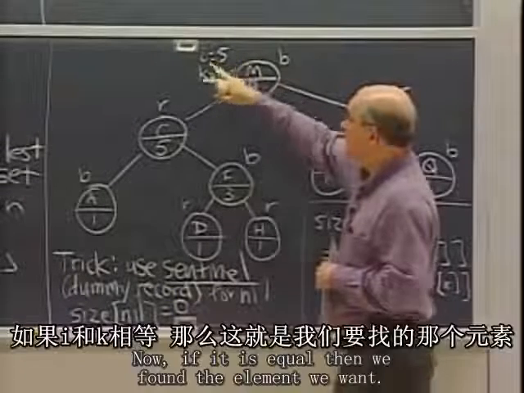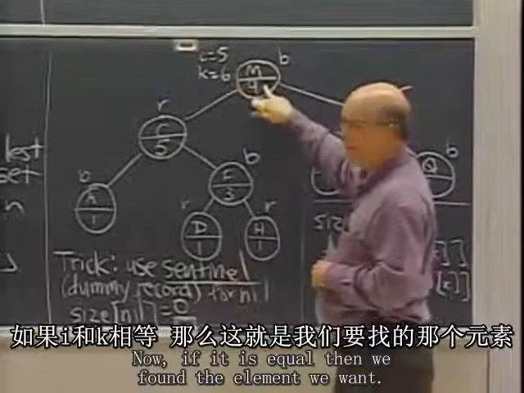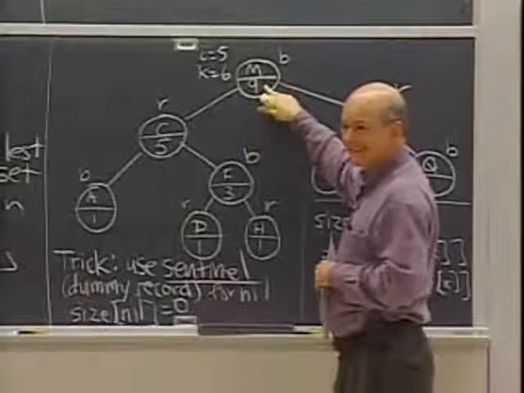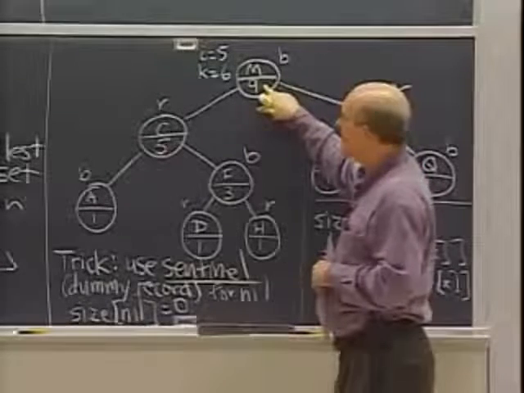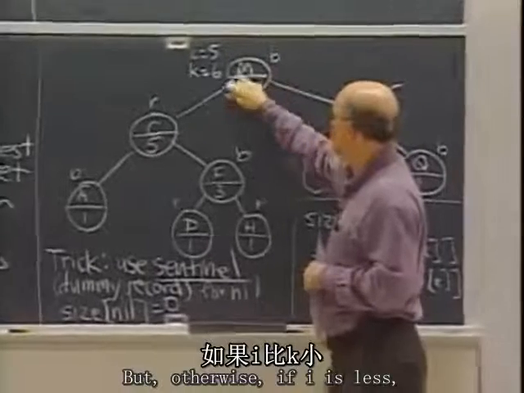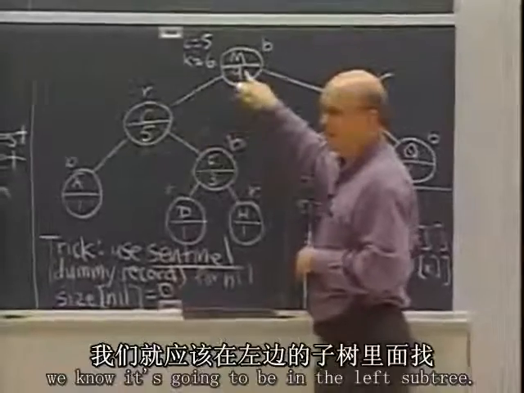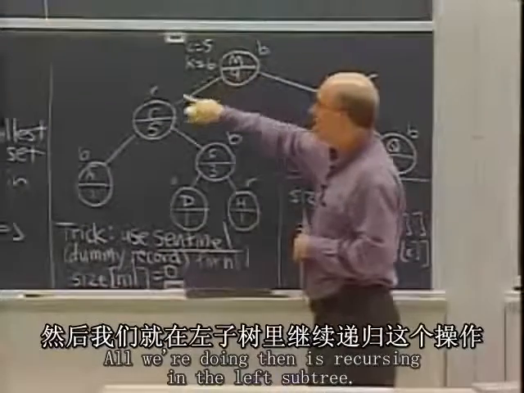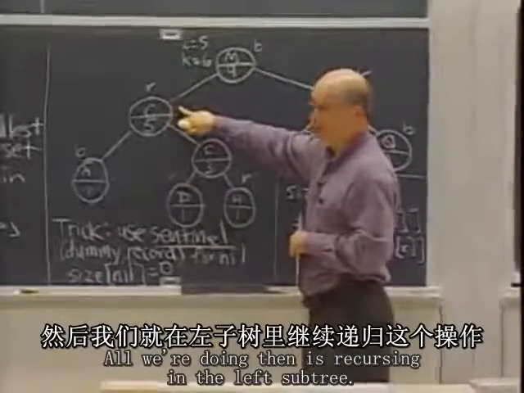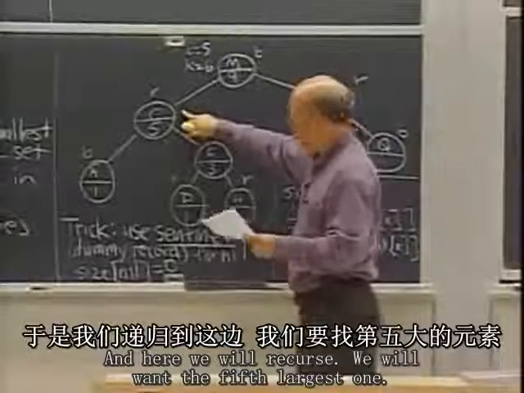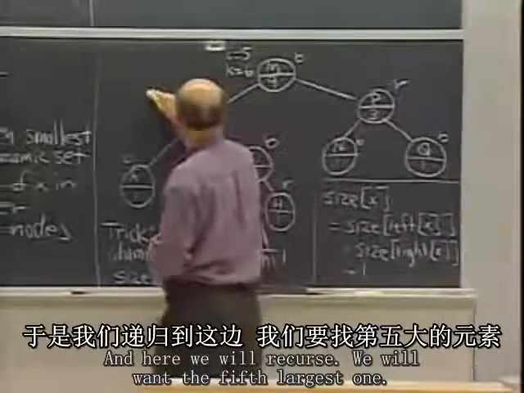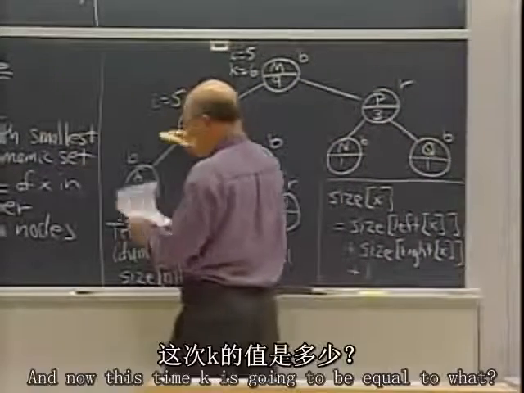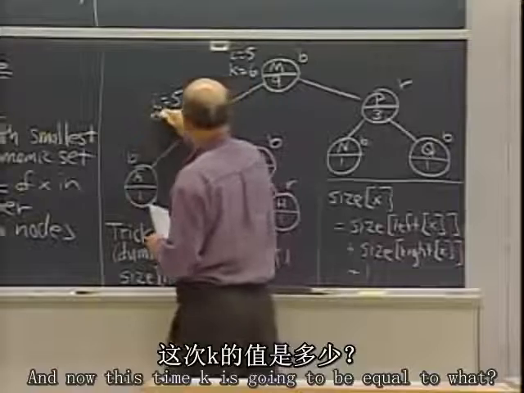Now, if it's equal, then we found the element we want. Otherwise, if i is less, we know it's going to be in the left subtree. So all we're doing then is recursing into the left subtree. Here we'll recurse. We'll want the fifth largest one. And now this time k is going to be equal to what?